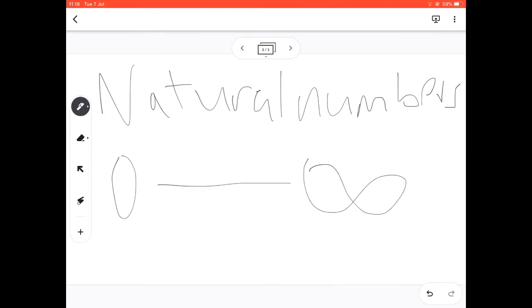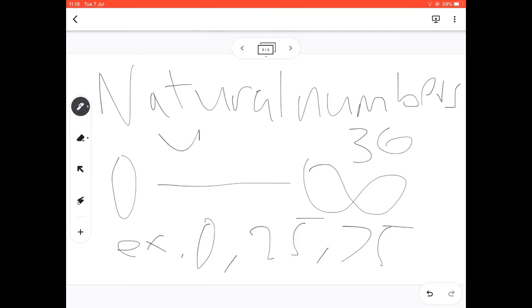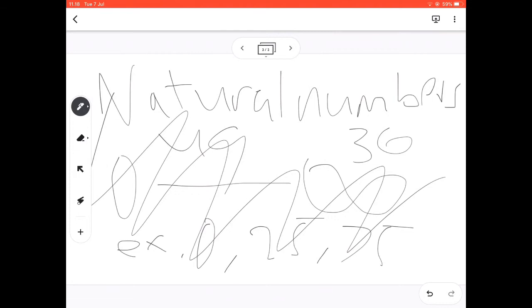Examples of it are, of course, 0, 25, 75, 36, 49, and pretty much any number that you can think of until infinity, which is basically where numbers are broken off. So basically from 0 to infinity.